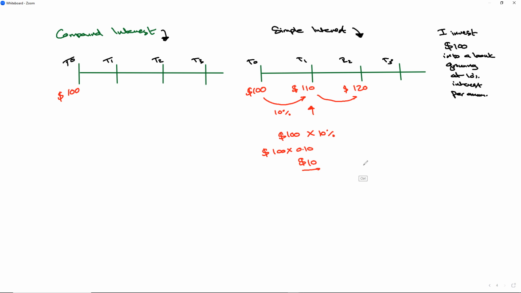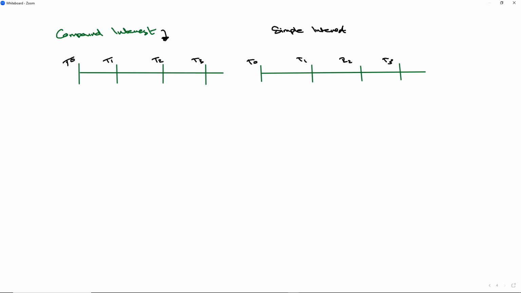All right, let's quickly run through it again, just so you can see. So the first thing here is we've got these two lines. Okay, so time naught is now, time 1 year, and this is simple interest. So just starting again from here. The question says, I invest $100 into a bank growing at 10% interest. Per annum means per year, right?